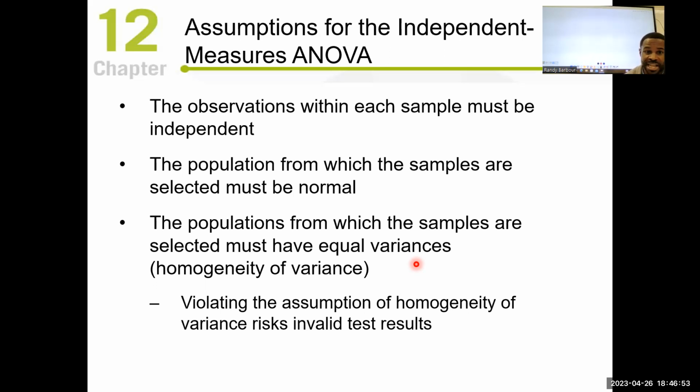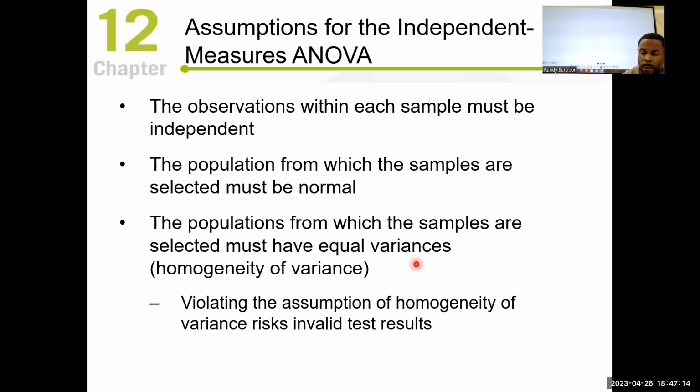The population from which the samples are selected must be normal. So each individual treatment condition has its own accompanying population, and each of those populations must be approximately normal. And then the last thing, just like in our t-tests, the populations from which the samples are selected must have equal variances.